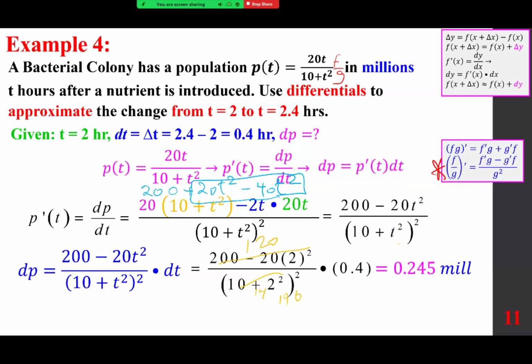0.245 million, which means 245,000 bacteria.